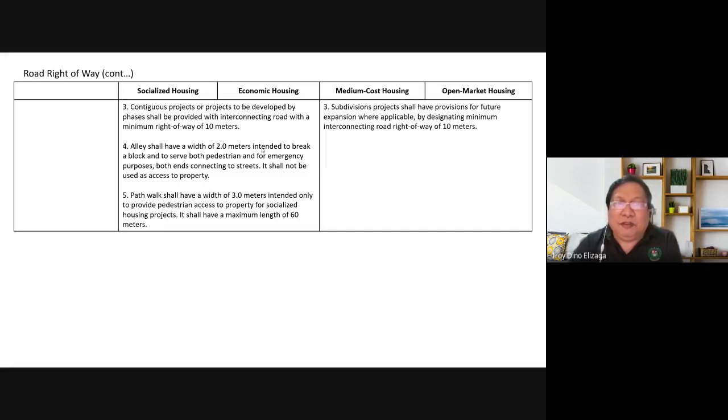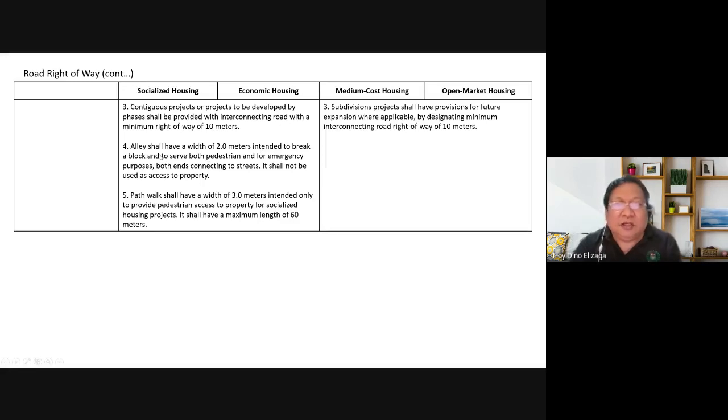It's up to you if you provide a road that goes there but ends as a dead end for now because it can be used for extension, or it's also okay if you don't, since that lot is also accessible to the barangay road. So the extension could be another subdivision with another entrance.